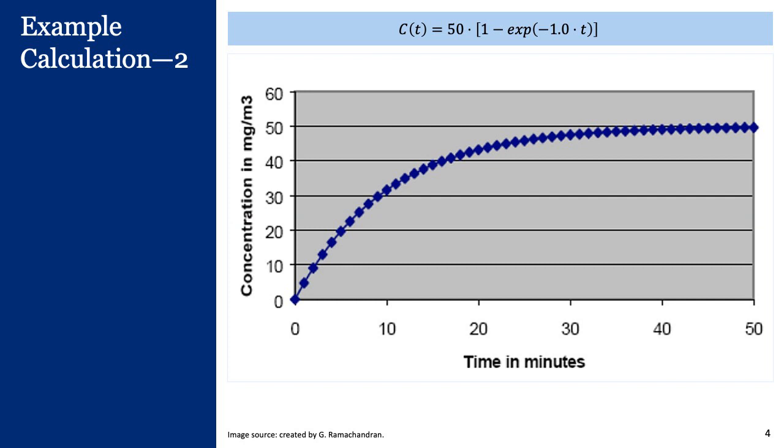And so we want to find the equation for Cs of t. So we plug in all our values of G and Q and V for our equation, and we end up with this equation that is on the top. So Cs of t is equal to 50 times 1 minus exponent minus 0.1 times t. So how did we get the 50?